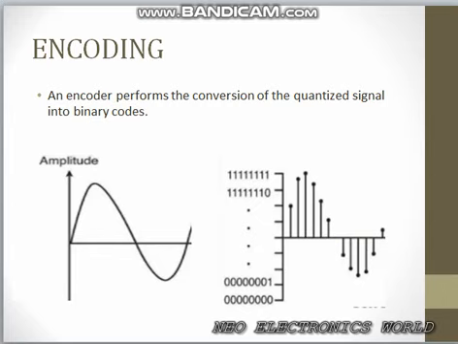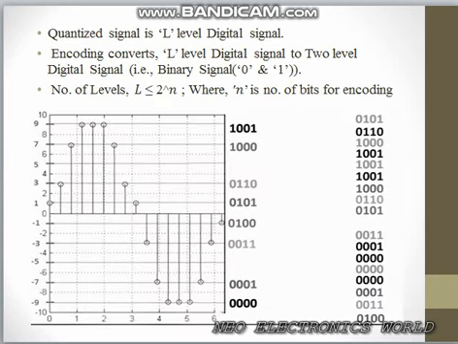That is why we have converted into binary codes. Then the quantized signal is an L level digital signal. Consider we are having L levels. Encoding converts the L level digital signal to a 2 level digital signal, that is a binary signal, zeros and ones.